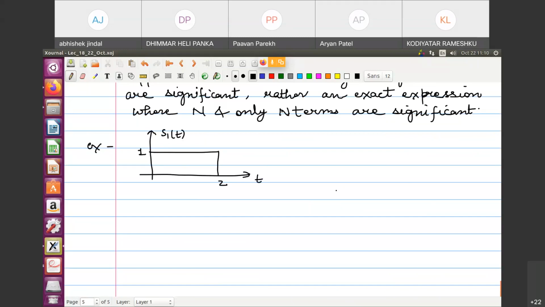And then you draw this S2(t). Okay, so this is like this. This is 1, this is 2. Okay. Then you have this S3(t).